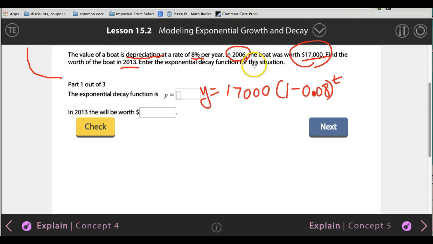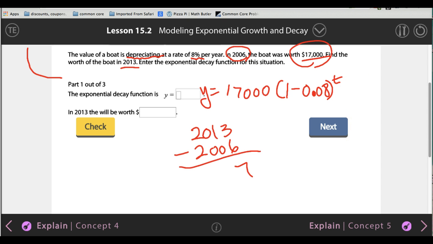So how many years have passed? In year 0, it was 17,000, right? So all you have to do is go 13 minus 6, or in other words, 2013 minus 2006. That way, you would know how many years have passed. So 13 minus 6 is 7. So instead of t, you're going to have to plug in 7.